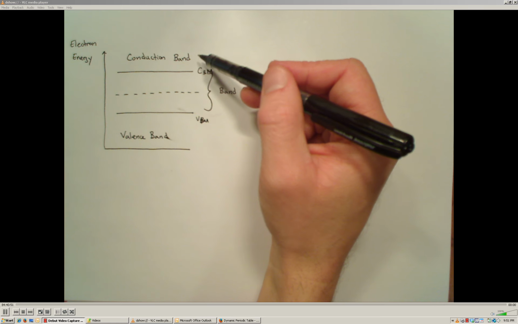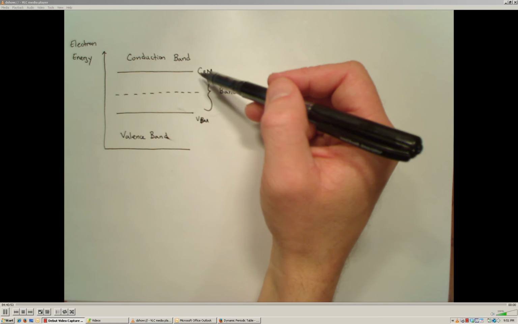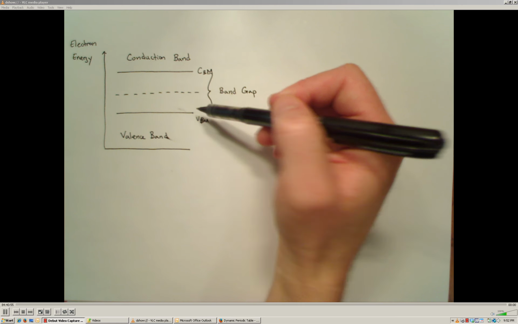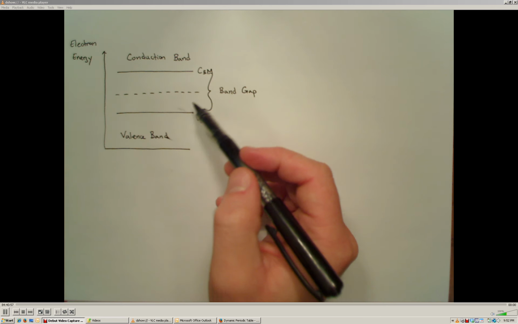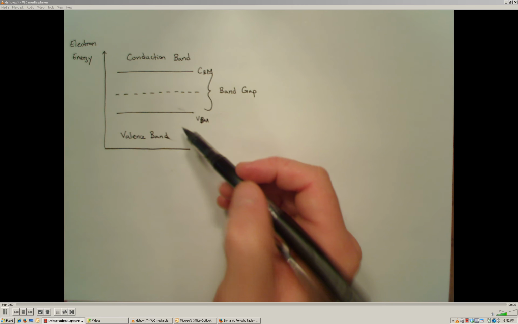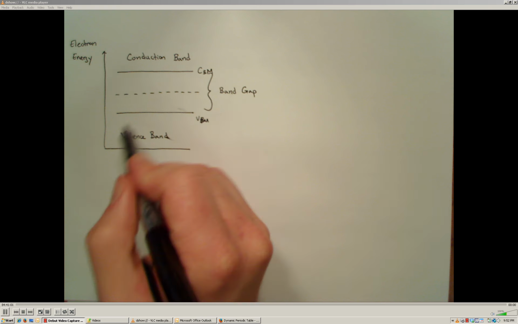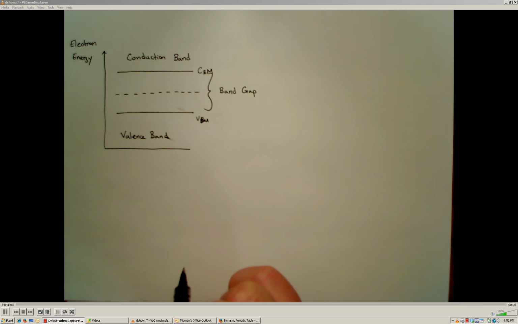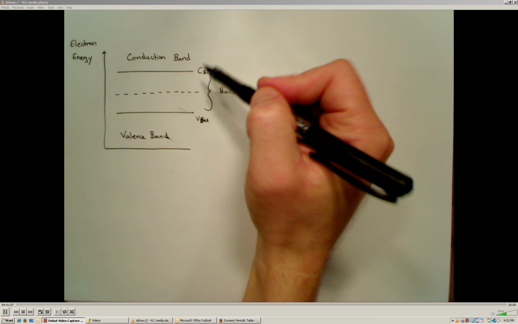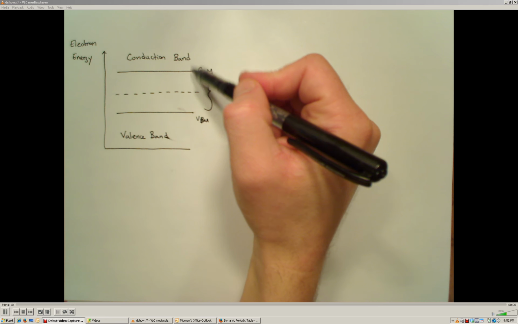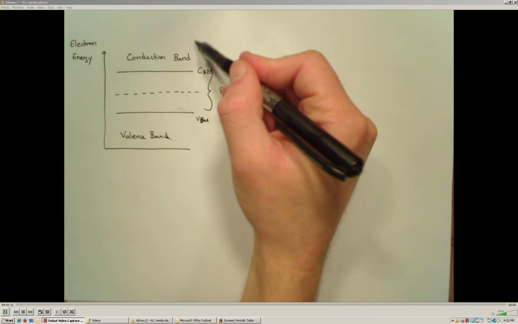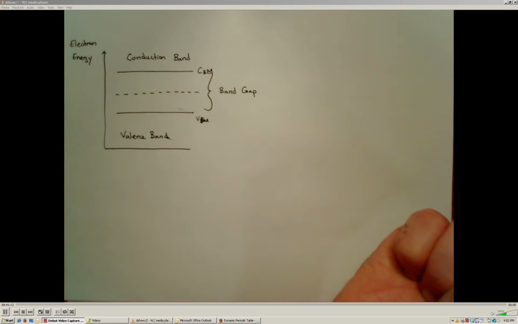So in this case, the Fermi energy level describes the fact that under most conditions, the majority of electrons are going to be residing in the valence band, closely associated with the silicon nucleus, and there's going to be a low probability that we're going to have any electrons in the conduction band region, able to wander throughout the crystal.